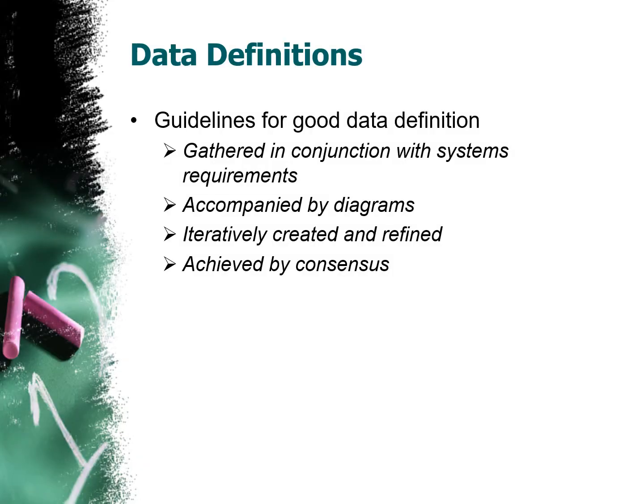When it comes to data definitions, we also have certain guidelines. Here I have your list. These are gathered in conjunction with systems requirements. So at the very beginning of software development, we have to do systems analysis and requirements. We have to identify this at the very first.